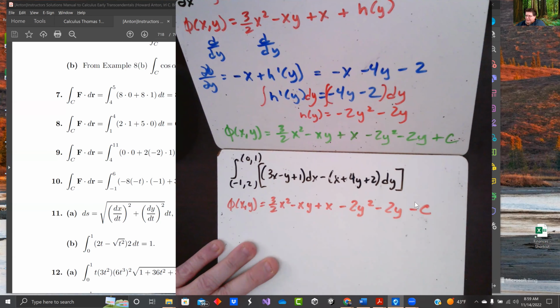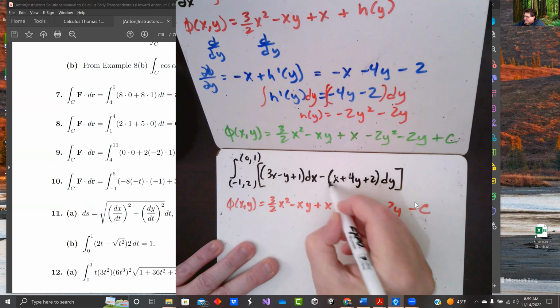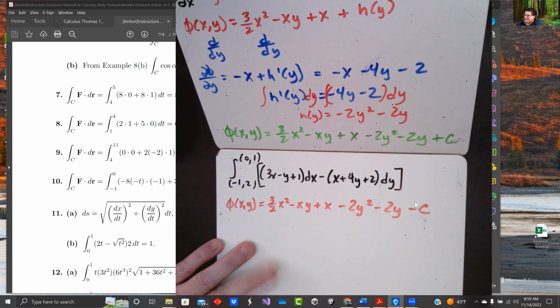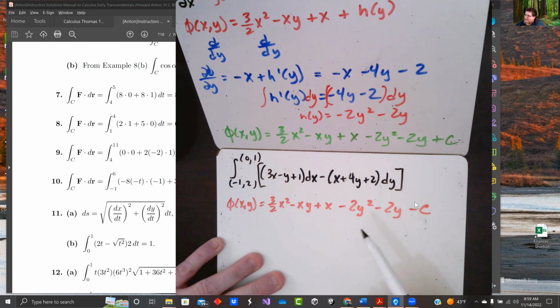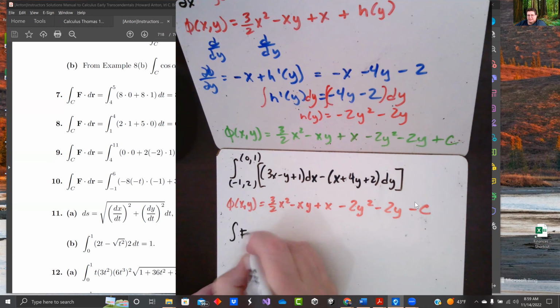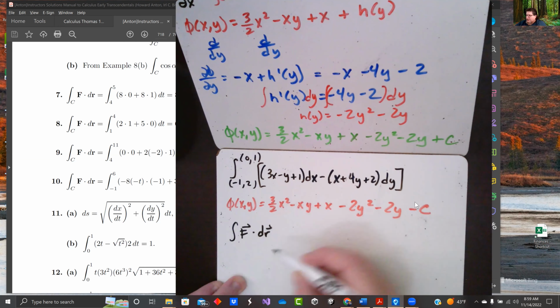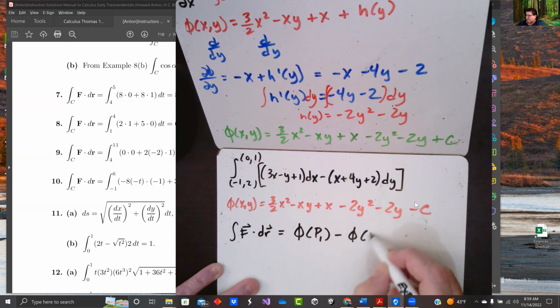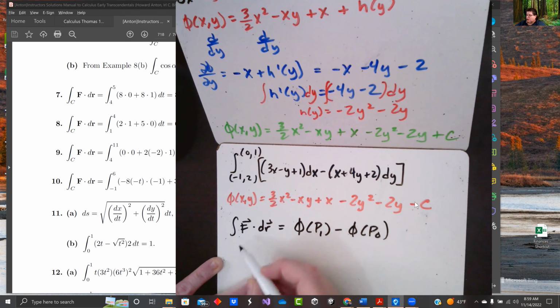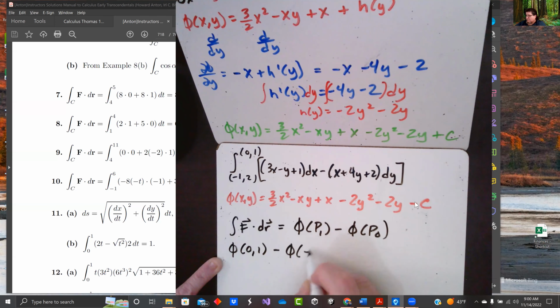If I want to evaluate this integral from negative 1, 2 to 0, 1, this was my f dotted with dr. So that is f dot dr, and we know f has a potential function. I should be able to do the integral as phi at P1 minus phi at P0. P1 is 0, 1, so I'm going to do phi at 0, 1 minus phi at negative 1, 2.